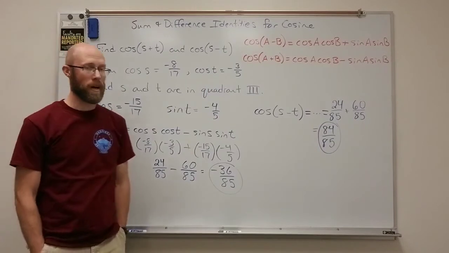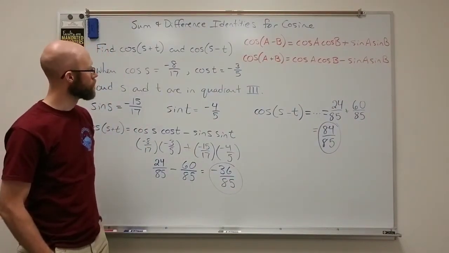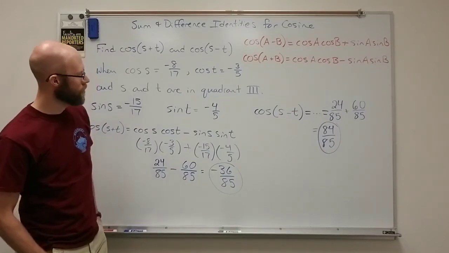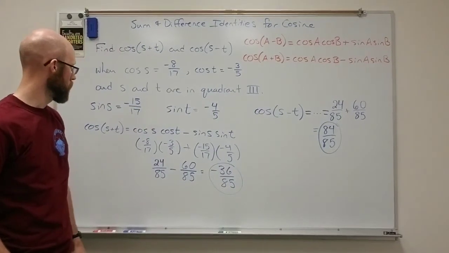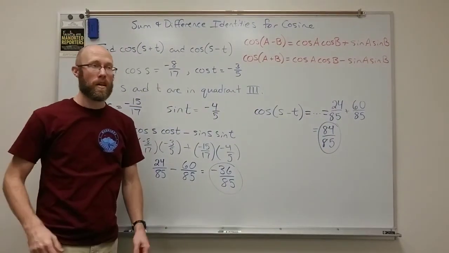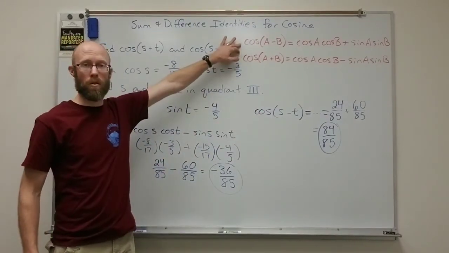Perfect. I think that covers it pretty well. I don't think we're missing anything. And so we have two values then that should work out for us. All right. Cool. So now you've seen quite a few different applications for these two formulas.